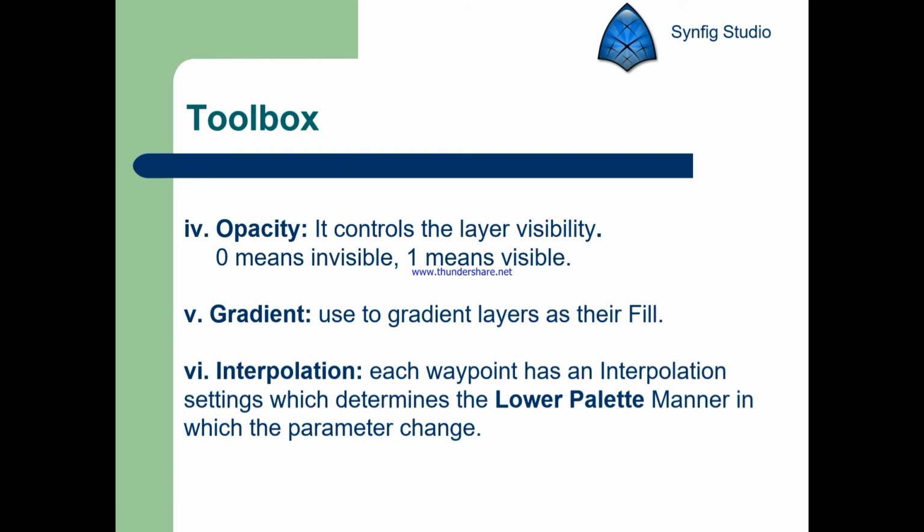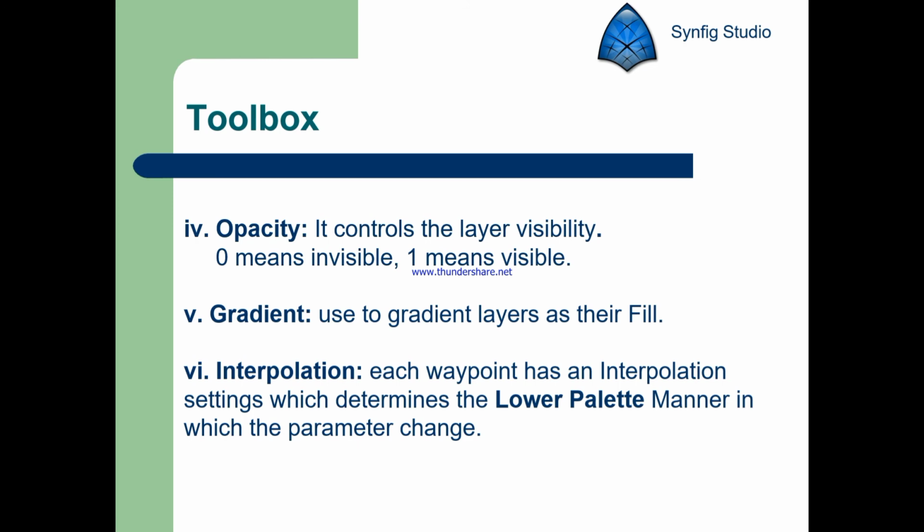If we control between 0 and 1, it will give some movement according to our visibility. If we select 0, that will be invisible. If you go up to 1, that will be totally visible. So these are the opacity values that you have to remember, 0 and 1.